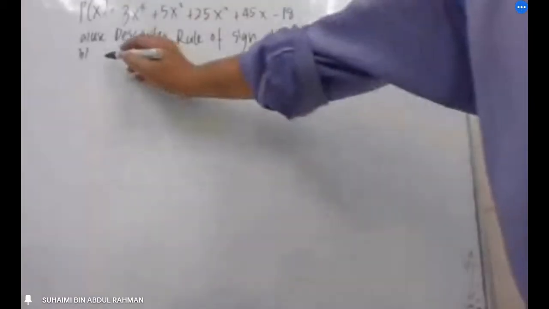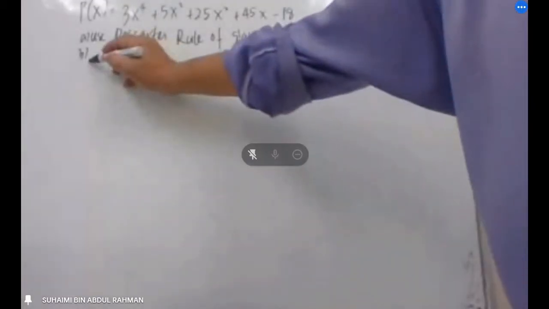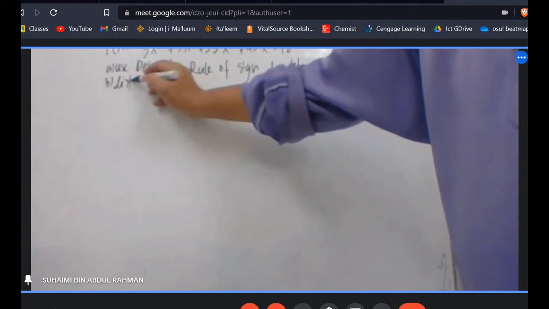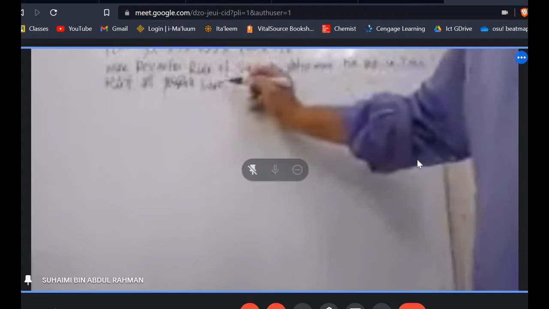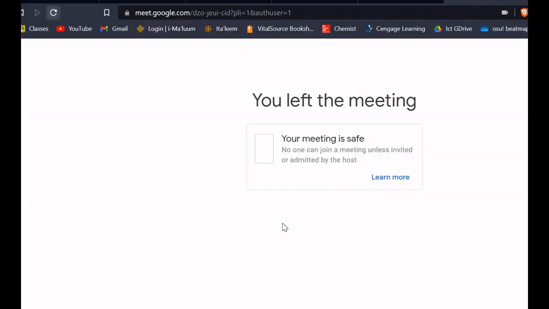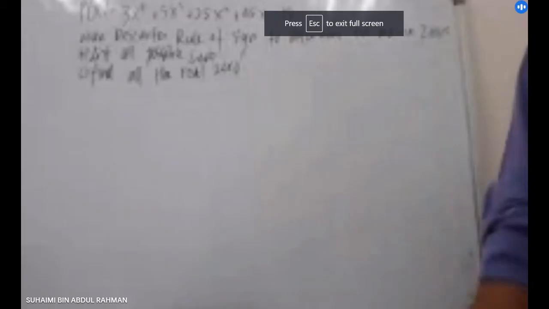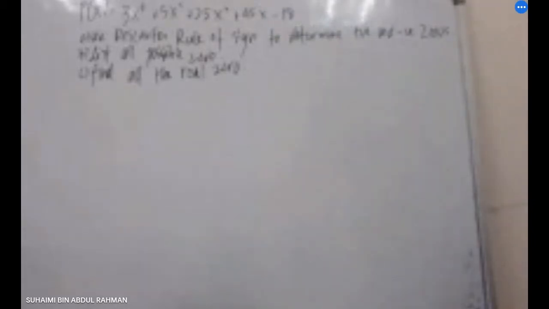B, list all possible real zeros, meaning not complex zeros. We just look at the real zeros.